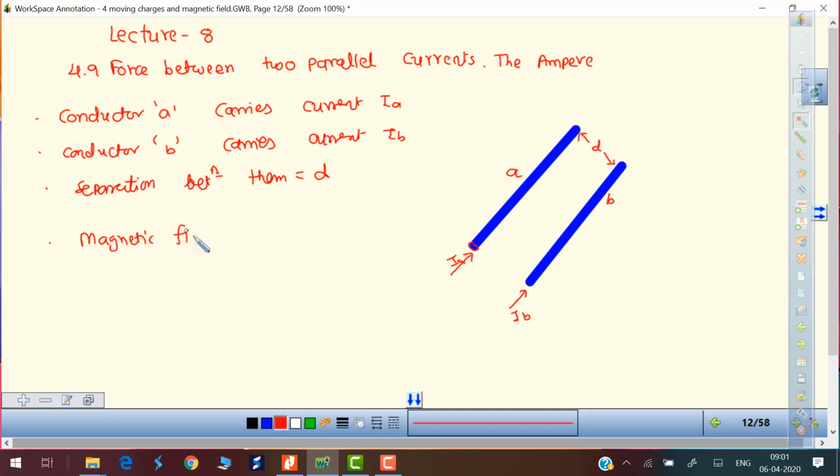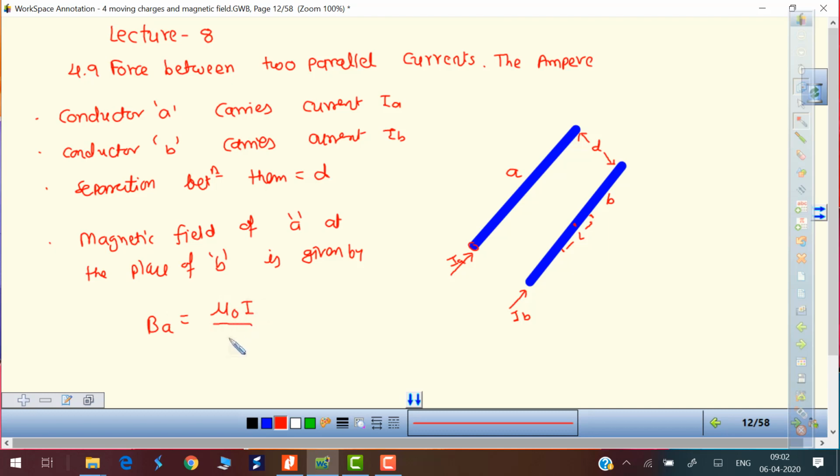Now the magnetic field, as we know, of A at the place of B is given by, these are long and we consider this much part of length L. So what is the magnetic field here?